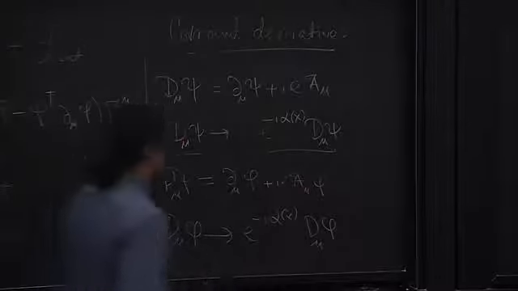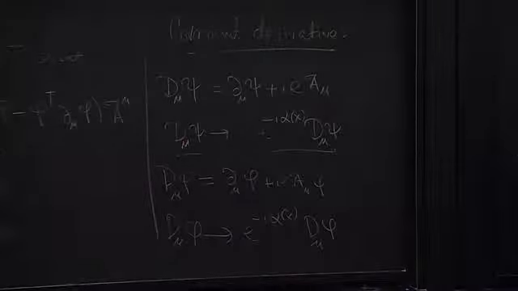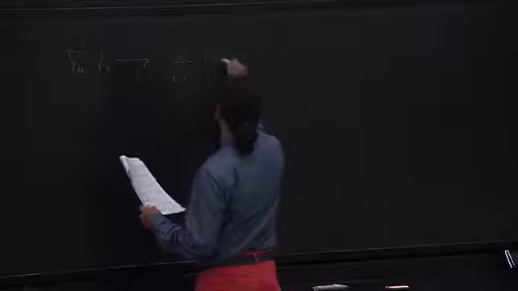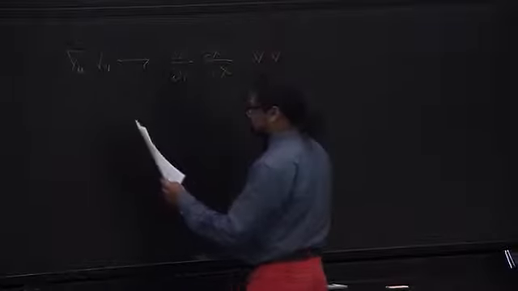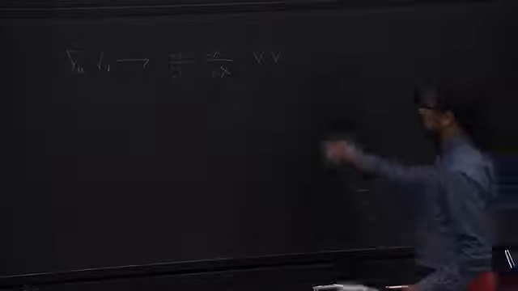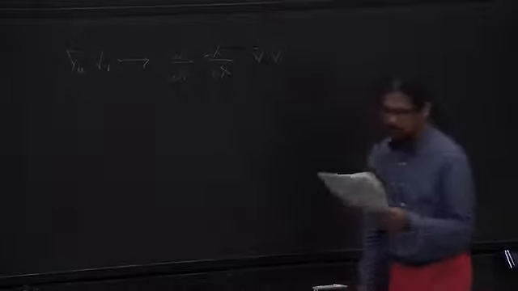So this is completely analogous to the fact that in GR this thing is called a covariant derivative, and under a coordinate transformation this thing becomes this, and you can figure out the indices.